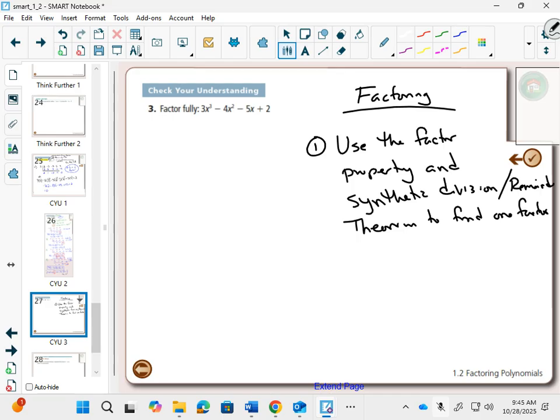Step one, we're going to use the factor property and either synthetic division or the remainder theorem to find one factor. Two, we write the division statement with the one factor that we found.